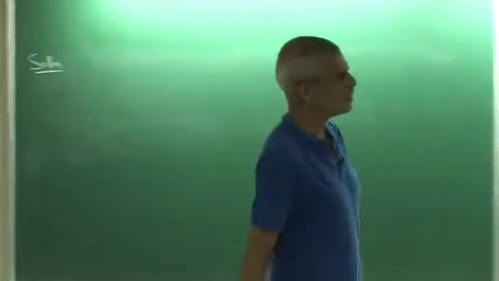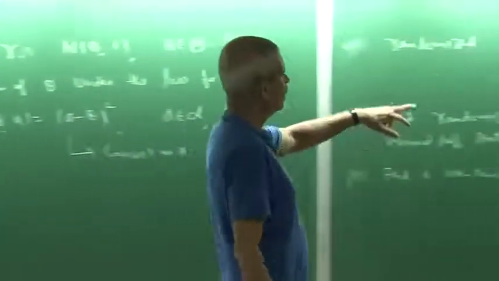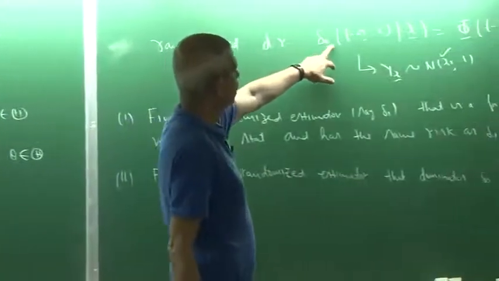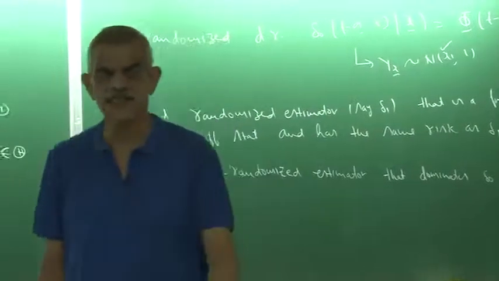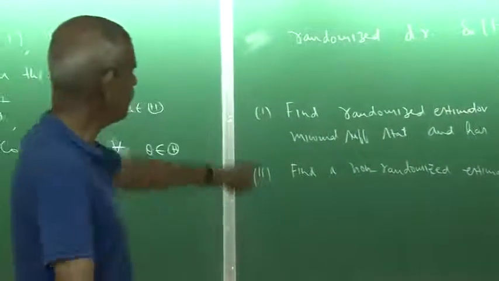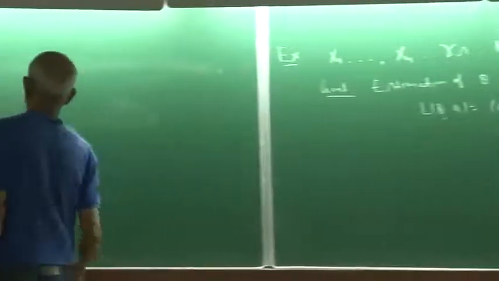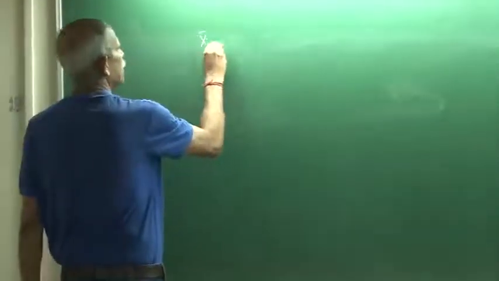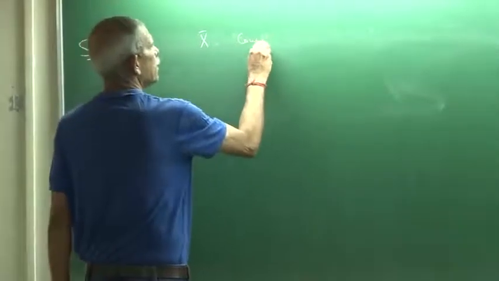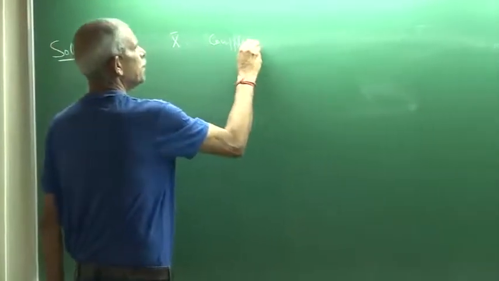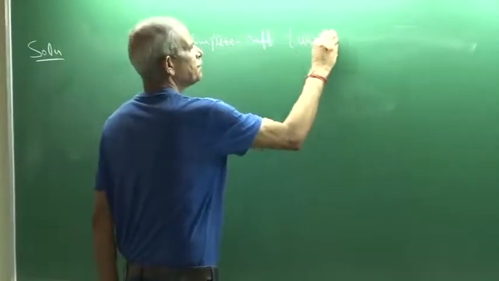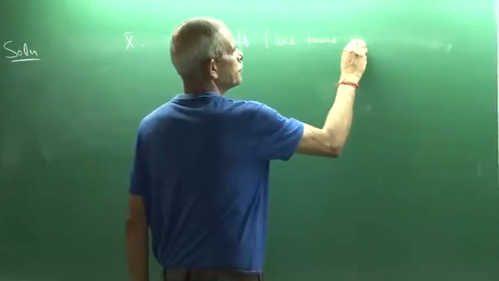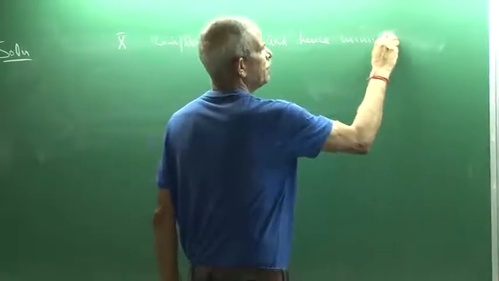The first part says that this is a randomized estimator which does not depend on the complete sufficient statistic. The complete sufficient statistic in the normal theta, 1 case is x bar. So that is the first thing I should write down: x bar is complete sufficient and hence minimal sufficient.